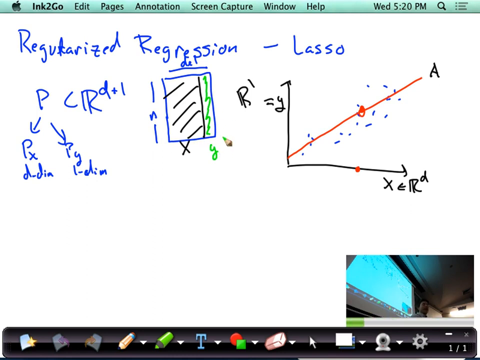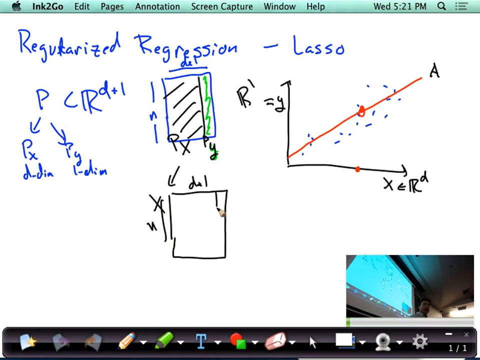In my notation, this will be px and this will be py. In order to solve it, we're going to map it into another matrix, X, which again has d plus 1 dimensions and n values.